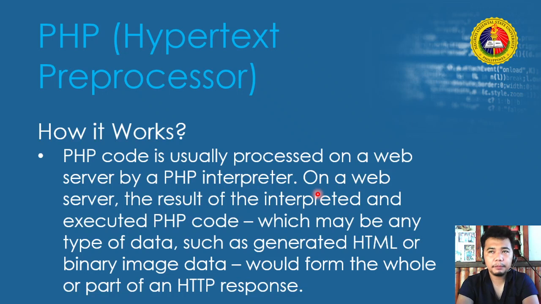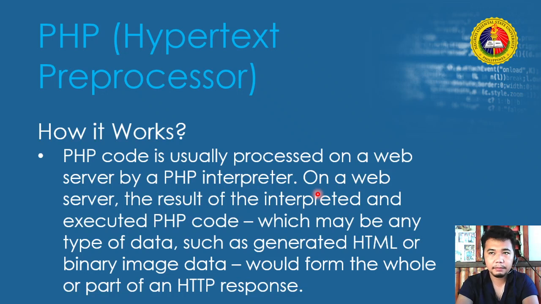So maybe if you can remember from last year or last semester with our web development one, we learned that every time there is an HTTP request, or every time we access a certain web page, and if that page contains just about any programming language, for example PHP, the web server will use the PHP interpreter to translate those PHP codes into HTML, and then the HTML will be sent back to the browser so that the users, or us, will be able to see it on our screen.